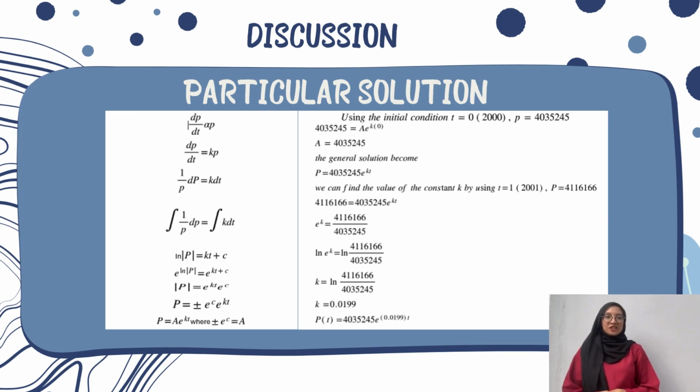Using the initial condition t = 0, which is the year 2000, population equals 4,035,245. We insert this into the equation so that we get P = 4,035,245 e^(kt).